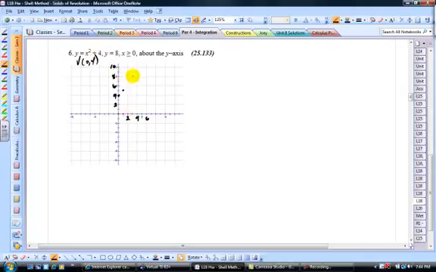I should have probably changed the scale, well, that's fine. And then you plot (2, 8), which is right here. So let's graph this function. Let's reflect it first, so we can graph it.